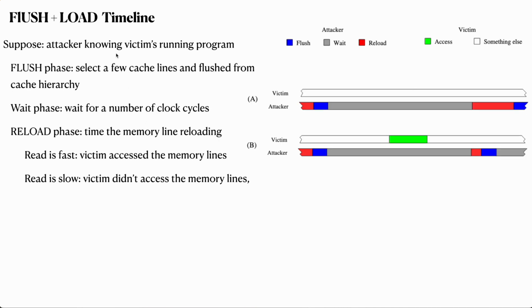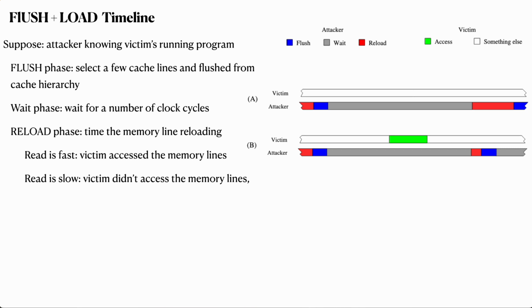Here's a more detailed timeline of how this attack works. Suppose that an attacker knows the victim's running program and wants to see which code the victim process is running. The attacker first selects a few cache lines to watch and then flushes them out of the cache, waits for a certain number of clock cycles, and times how long it takes to reload the lines.